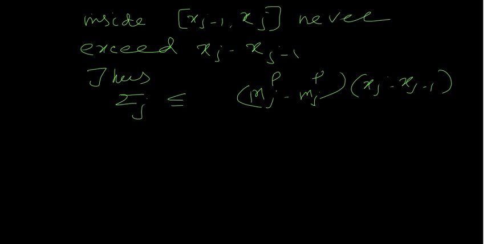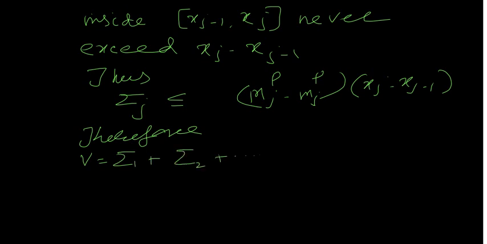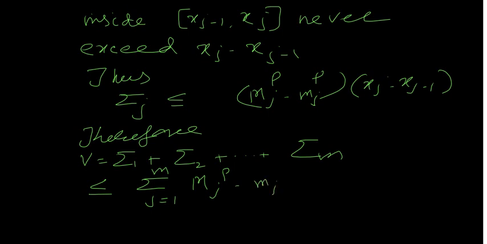So this summation j is less or equal to this. Therefore V, which is equal to summation 1 plus summation 2 plus summation m, is less or equal to the summation j runs from 1 to m of Mj p minus mj p into xj minus xj minus 1.